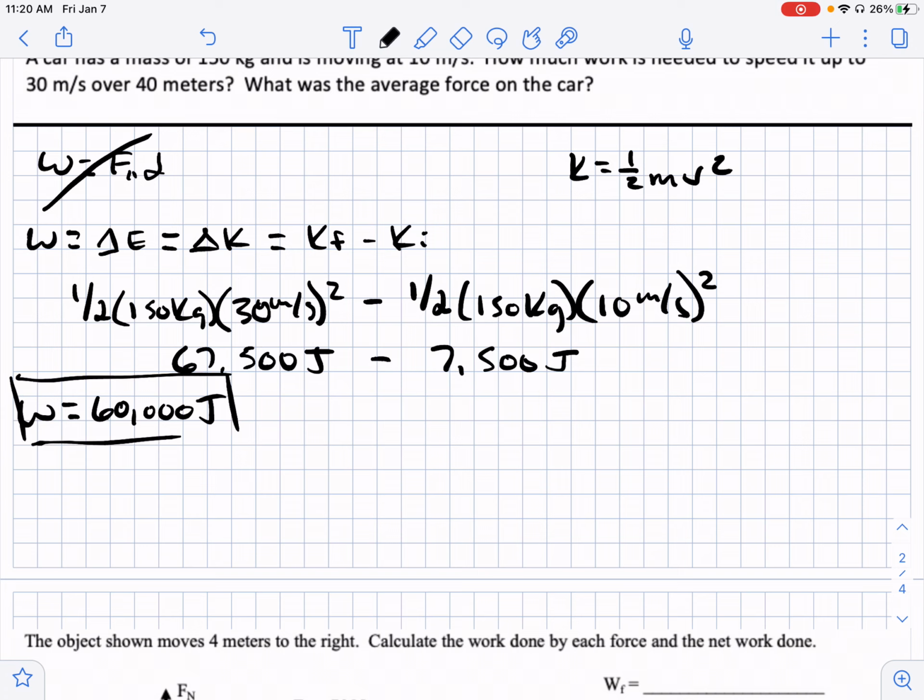And the second part of this problem asked me to find what the average force is. Now we can go to this equation here to solve for it, because now we know work and we know the distance was 40 meters, so we can solve for that average force. So write our equation out, solve for the force, and now we can plug in.